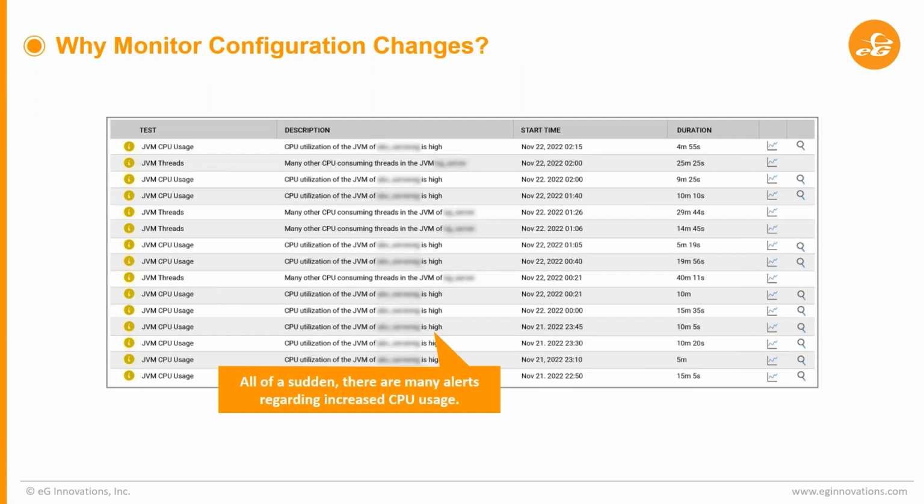So here's an example of a problem that we encountered a few months ago. There were all of a sudden a number of alerts relating to CPU usage of an application that was deployed by a customer. The customer actually spent a lot of time trying to figure out why there had been a sudden increase in CPU usage of the JVM.